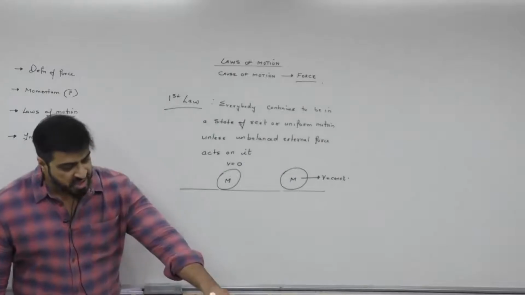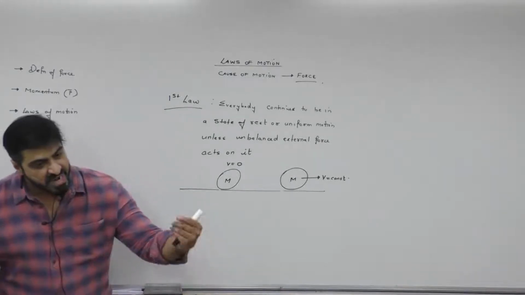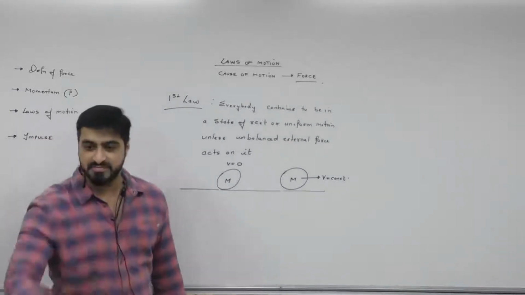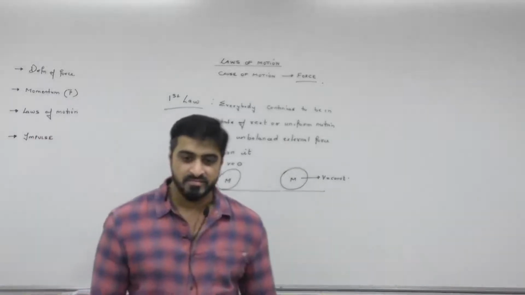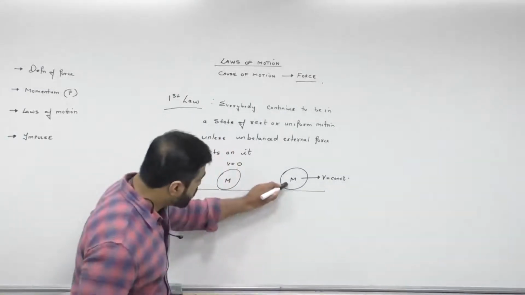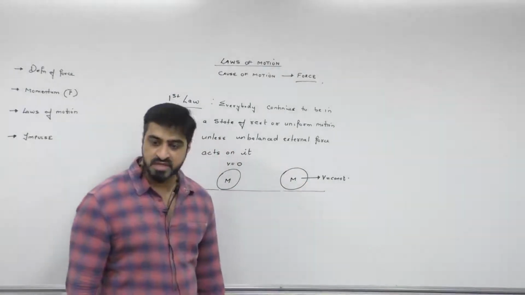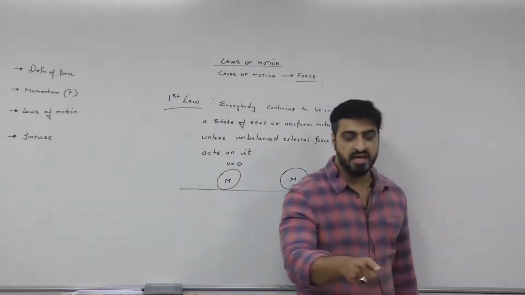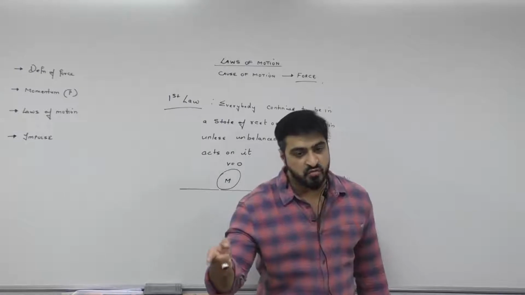Means what? If the book is lying over here on the table, it will ever and ever lie on this table unless someone comes and picks it up. So simple to understand. A body moving with a constant velocity will keep on moving with that velocity only unless an unbalanced external force acts on it.